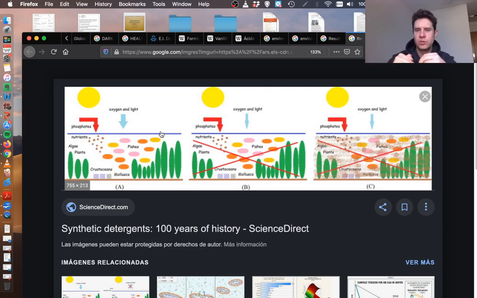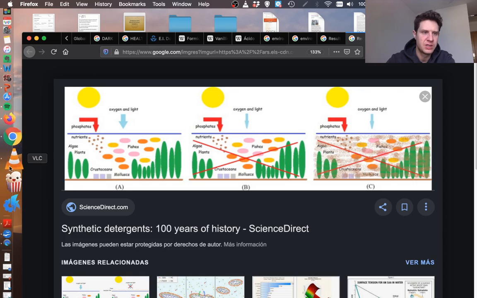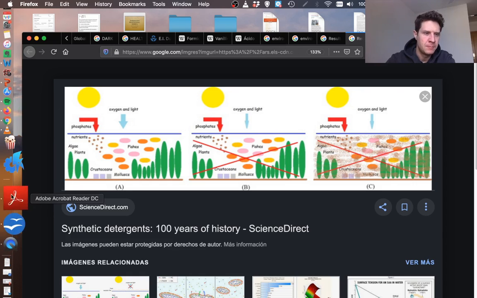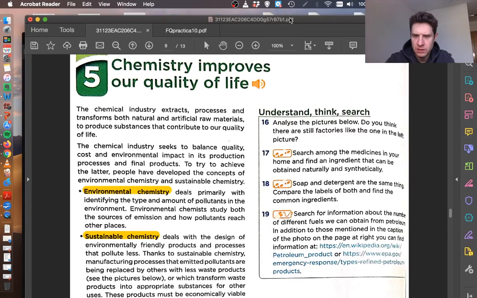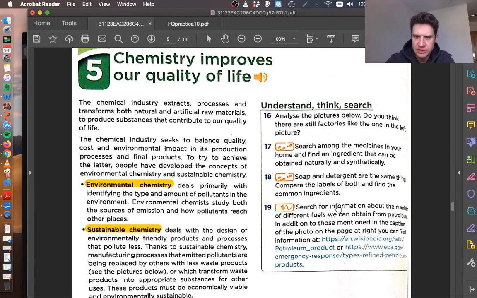So what's the solution? We need to clean this kind of water, and when we discharge the water after cleaning it, it could be better for our rivers and our seas. Yes. Good. This was talking about soap and detergent.